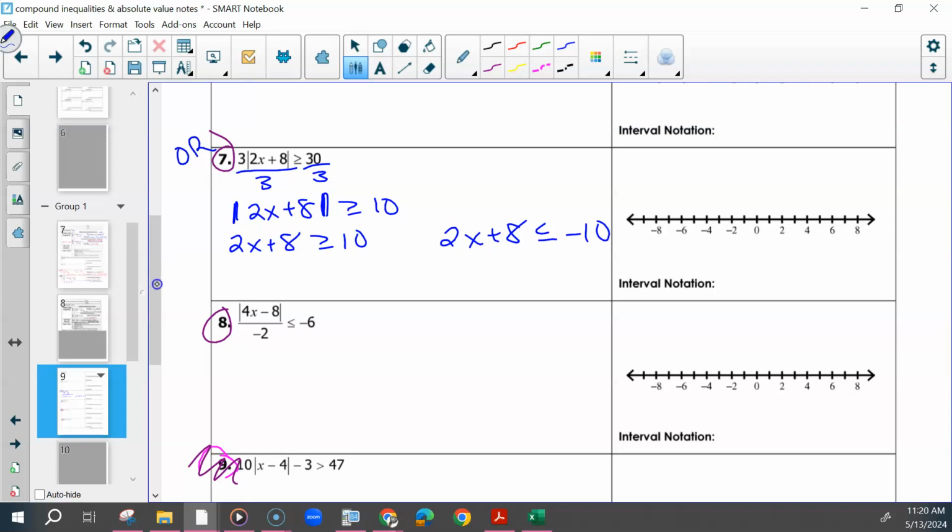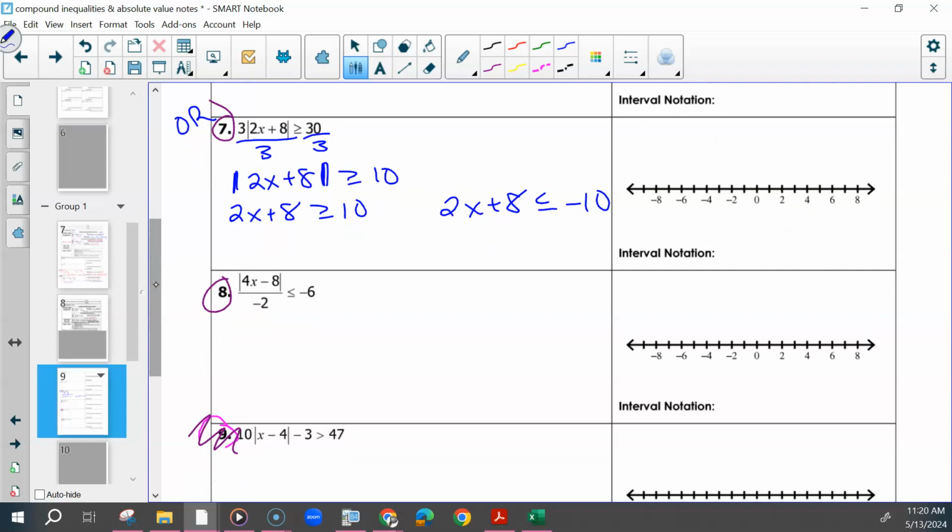And then how would we start solving this for x? And then divide both things by 2.